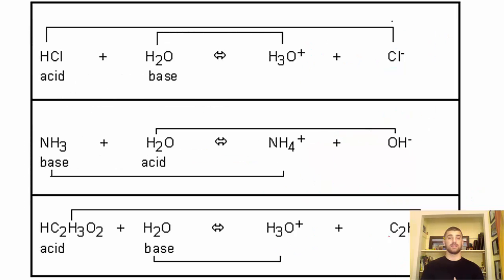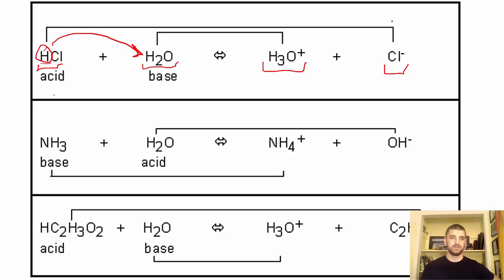So here's a couple more examples to help show you what I'm talking about. Here we have HCl, which we know from the Arrhenius definition to be an acid, and H2O is going to be the base. If you see what happens, I have HCl, and I end up with H3O plus and Cl minus. How did that happen? This hydrogen had to have been donated to the water, the H2O.